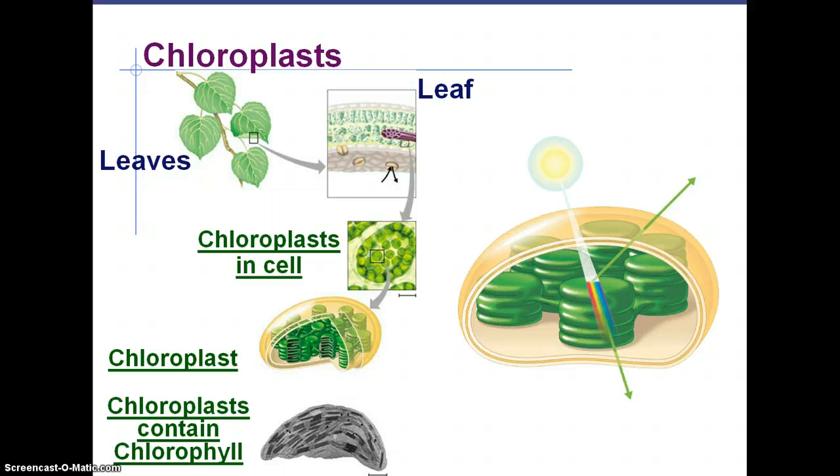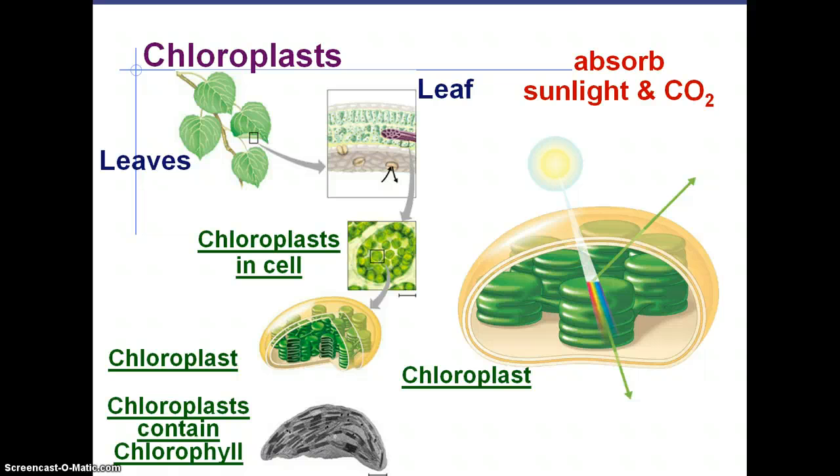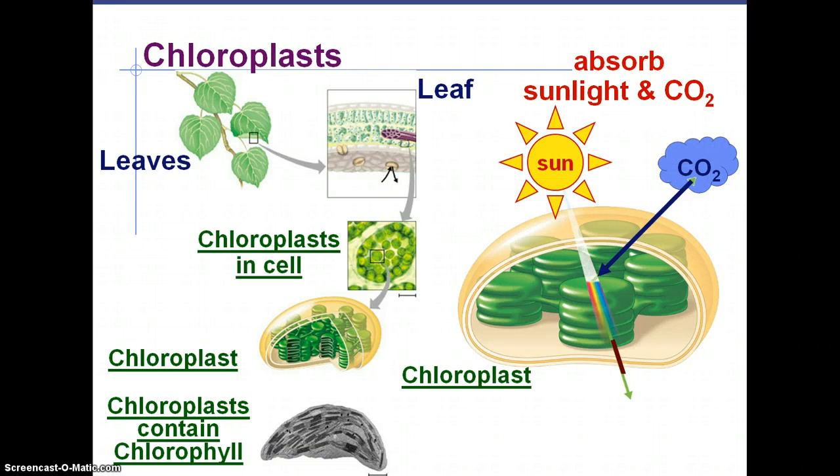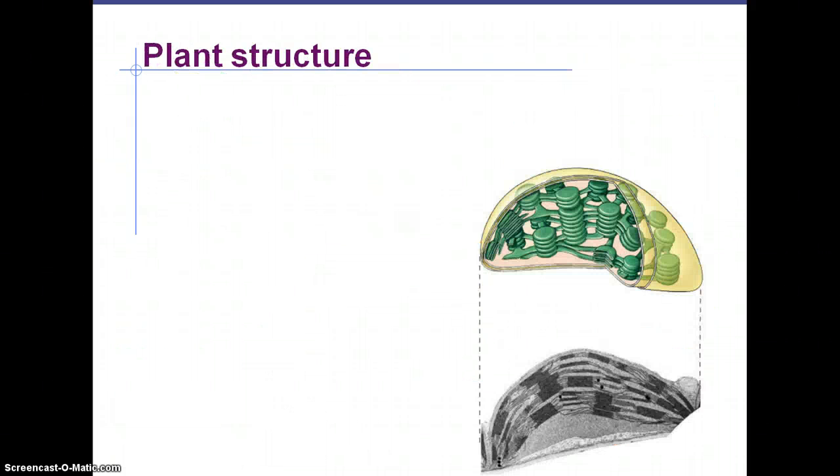Chloroplasts contain chlorophyll, which is the pigment that we associate with them, the green stuff. And their job is to absorb sunlight and carbon dioxide, and they use that to make sugar.